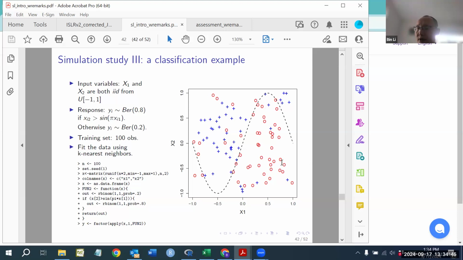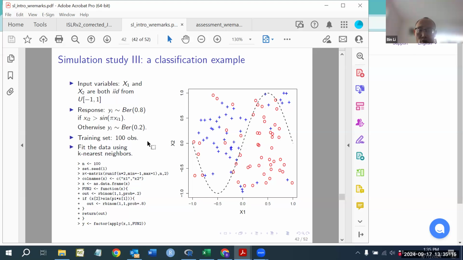Below the sine function, there is an 80% chance to get a red circle. Okay, so that's the underlying true data generating mechanism. Based on this mechanism, we should predict all the points above the sine as blue cross, and below the sine function as red circle, right? But of course, there are some random errors, okay?